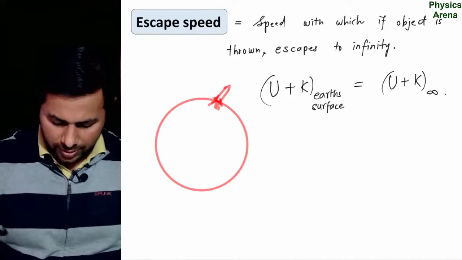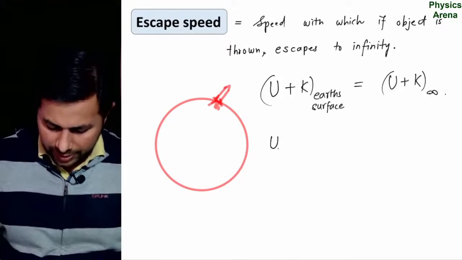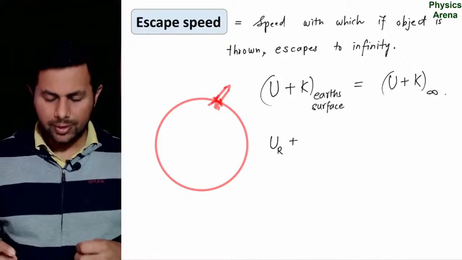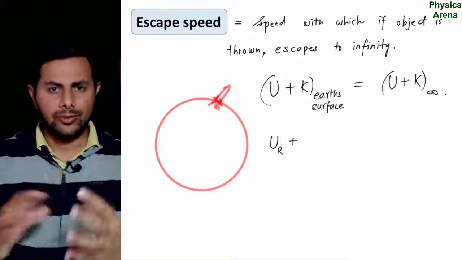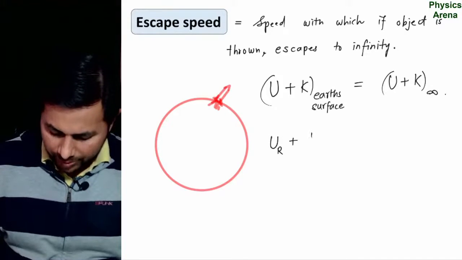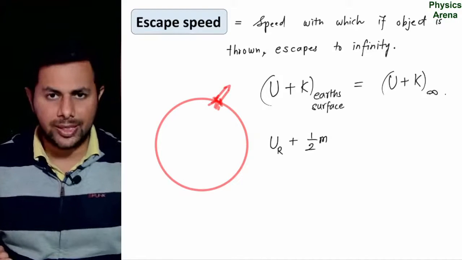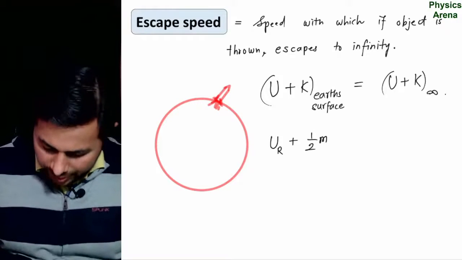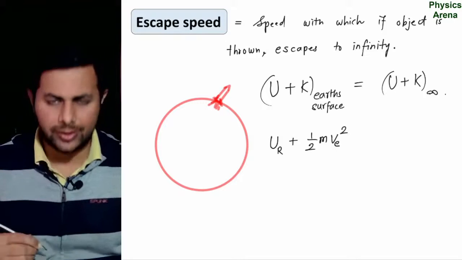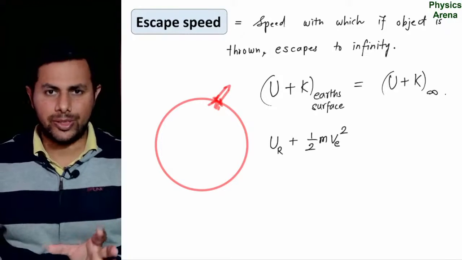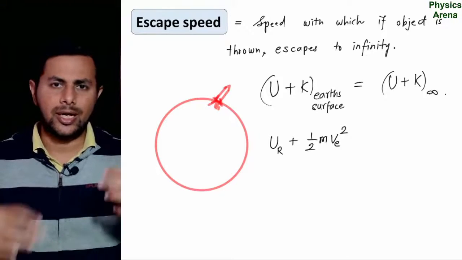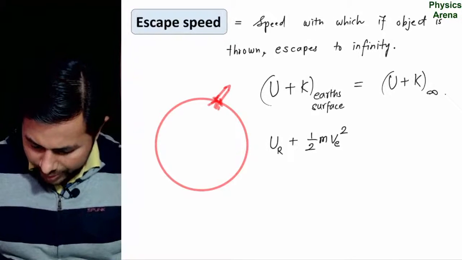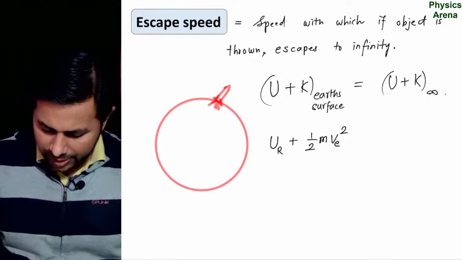U on Earth's surface is U at distance r, plus the kinetic energy that we are giving to that object, which is half of the mass of the object multiplied by v squared. But we want to find the escape speed, so it is v suffix e squared, where ve is the escape speed, the speed which we will give to the object and the object will escape out of Earth's gravitational bound and reach infinity.